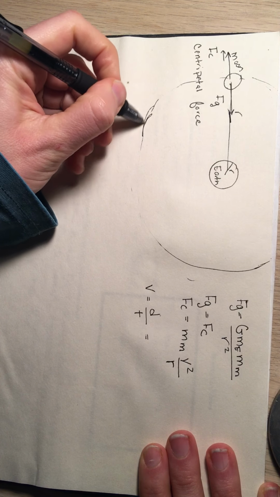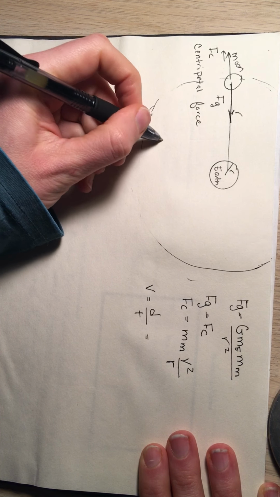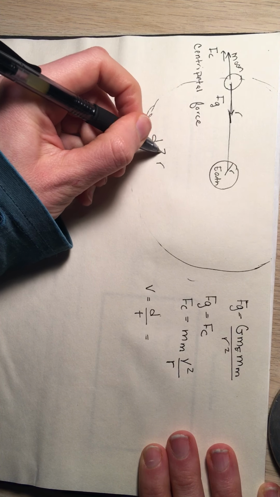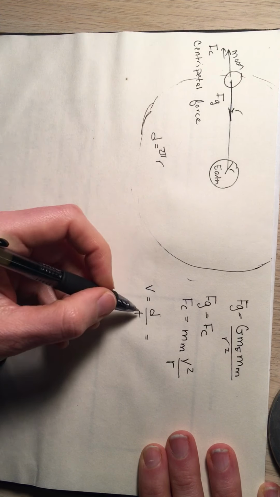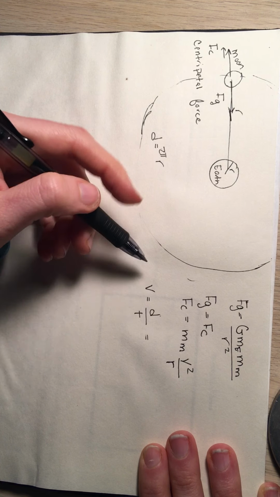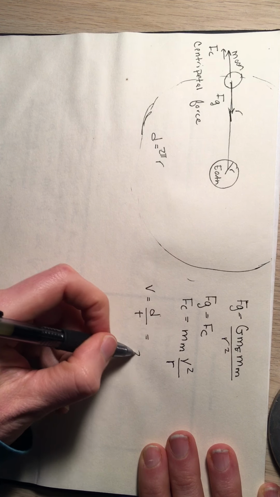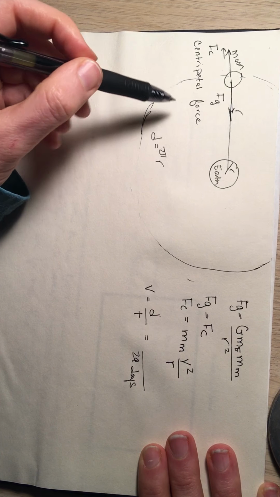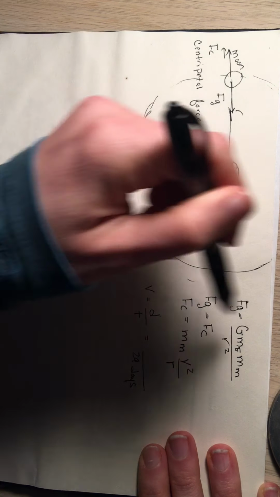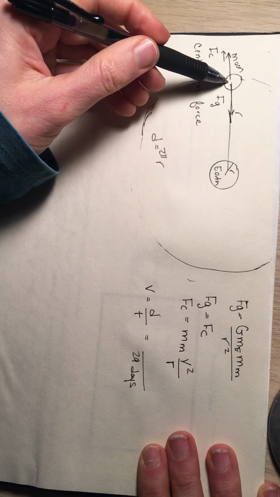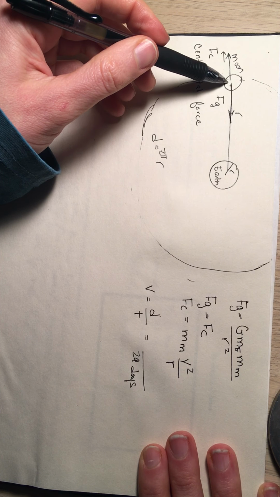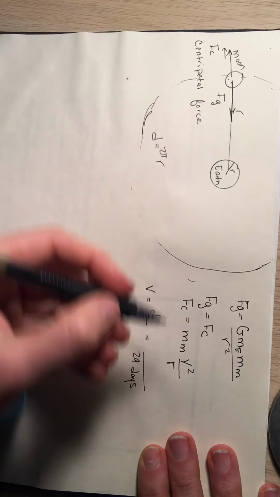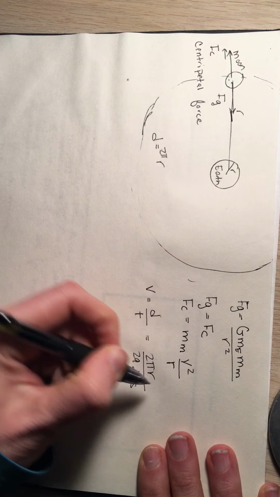The circumference of the orbit is equal to the radius times 2 pi. So every 29 days, the moon orbits around the Earth a distance 1 radius away, and the total length of that orbit is 2 pi r.